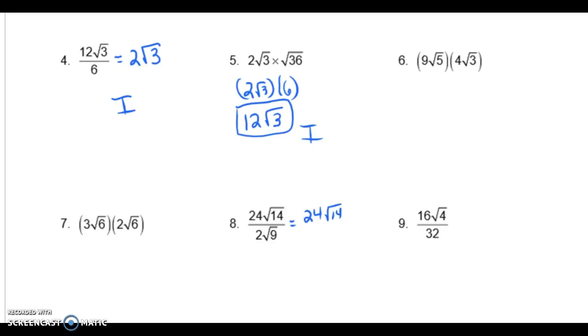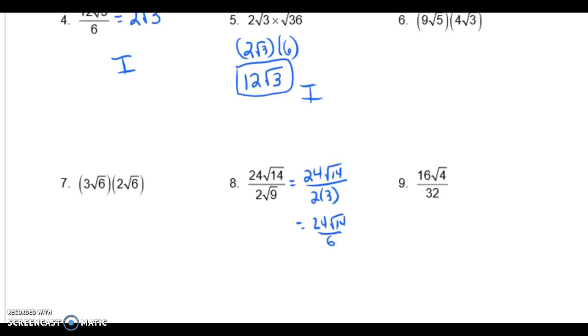So we have 24 root 14 over 2 times 3, which we know better is just 6. So we've got 24 square root of 14 divided by 6. The numbers on the outside are the 24 and the 6, and we're going to divide those out and get 4 square root of 14.